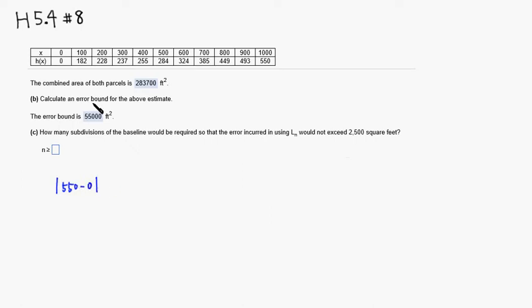Then 0 to 1000, so b minus a is 1000 minus 0. You can think of this as b and this as a, so this is the function h of b, and this is h of a.